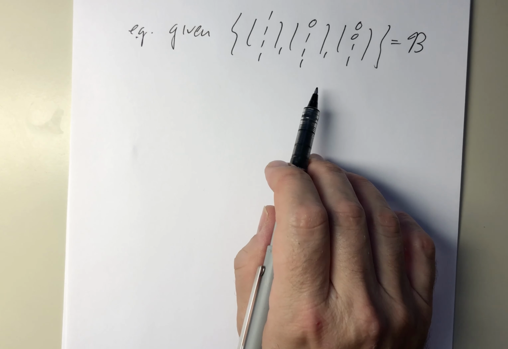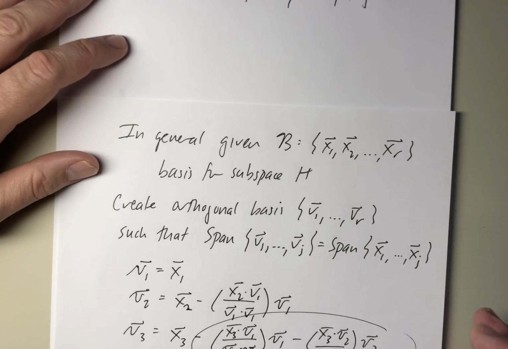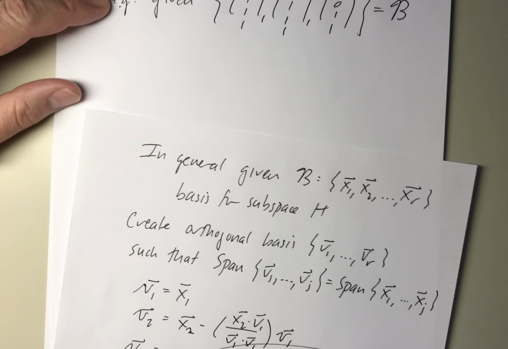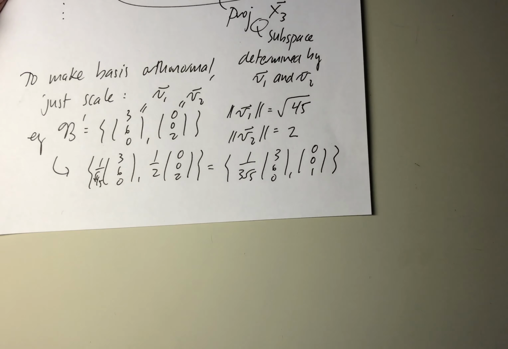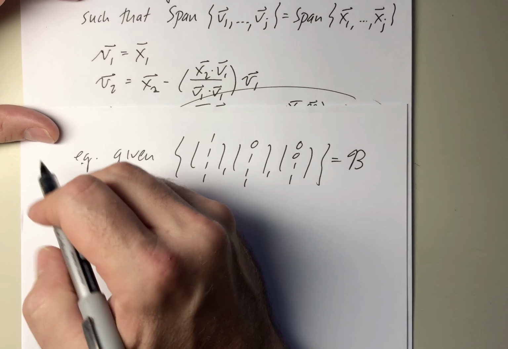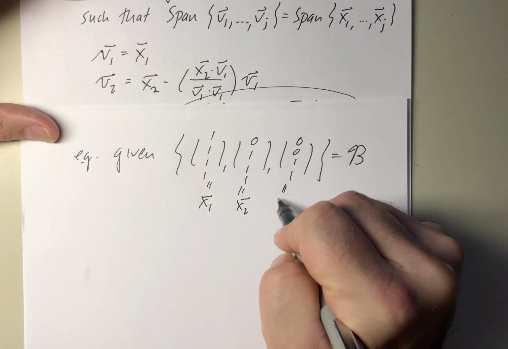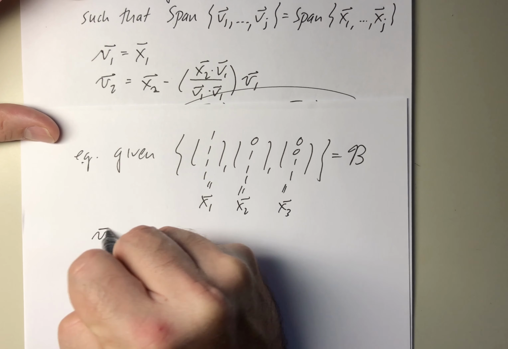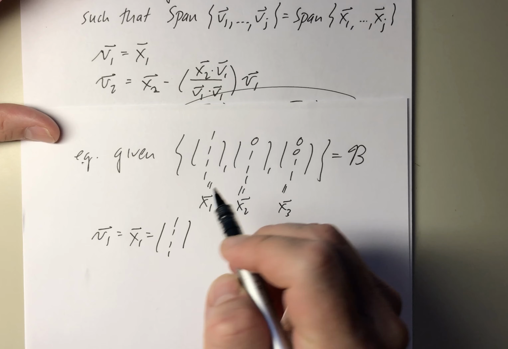If this was a basis for a three-dimensional subspace of R4, so what I'm trying to do now is bring back my general recipe. So remember, my recipe said that to get my new basis, if this was x1, x2, x3, v1 would be just the same as x1, so that would be (1, 1, 1, 1).